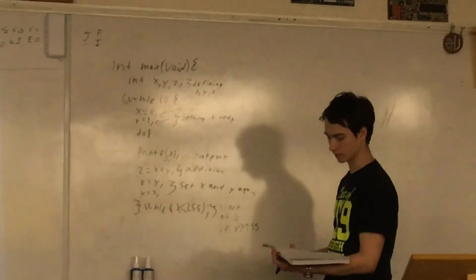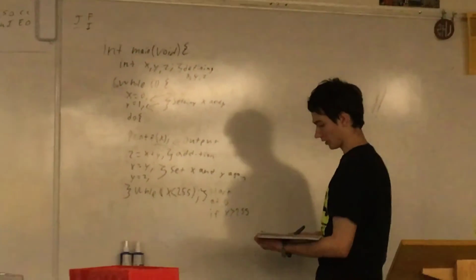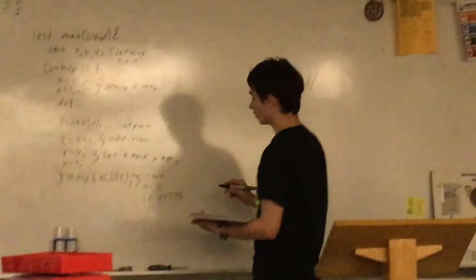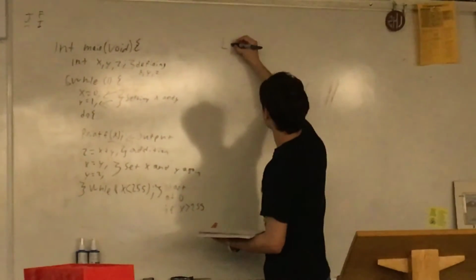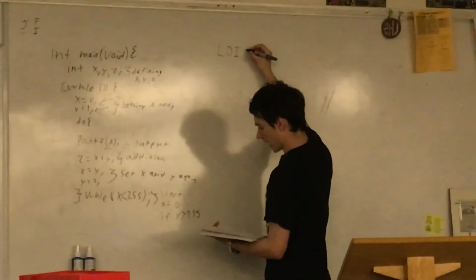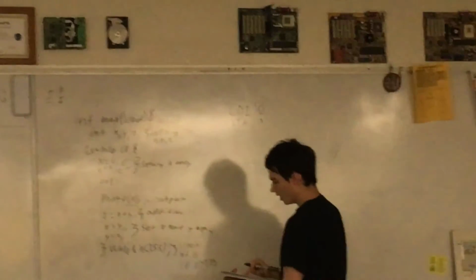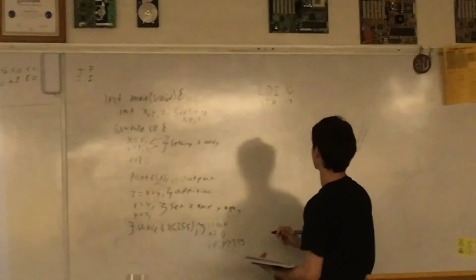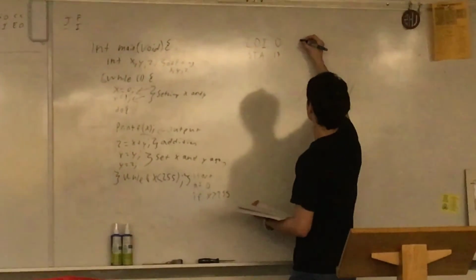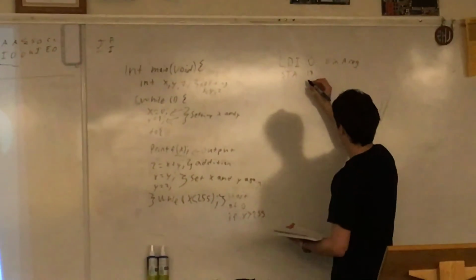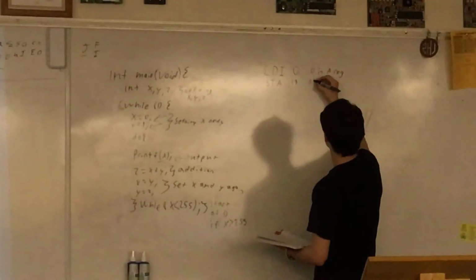So we can actually program this into the computer. And we can do it like this. LDI 0, and then store a 13. What LDI 0 does is put a 0 in the A register. Store A 13.